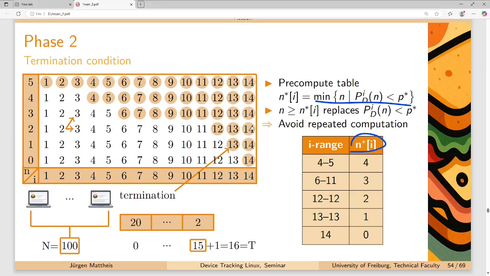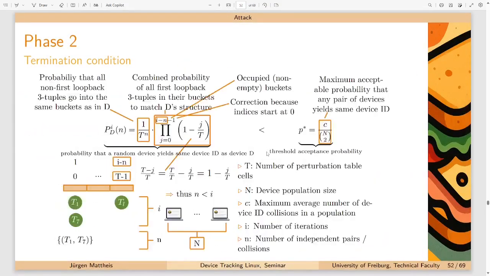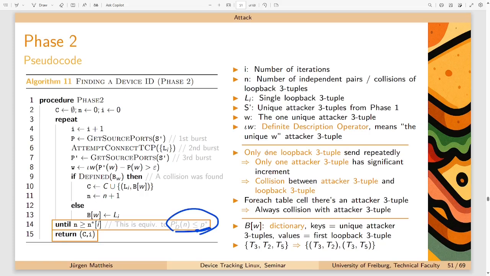But I don't have the time to explain it in detail. Basically, it helps you so that you don't have to calculate. The node can just use this n that you increment, the number of collisions, and the number of iterations to determine if this probability here is satisfied.